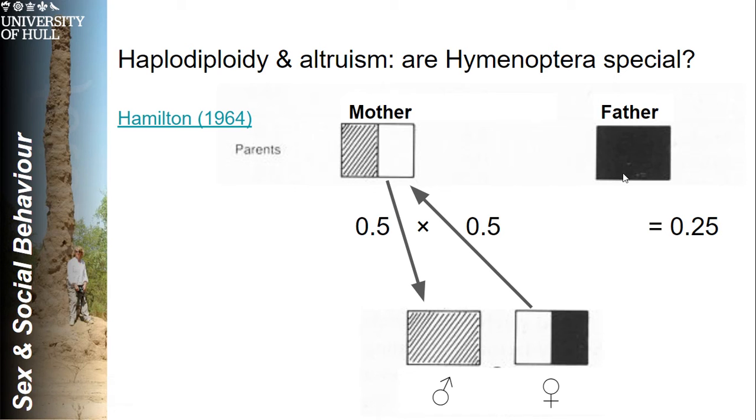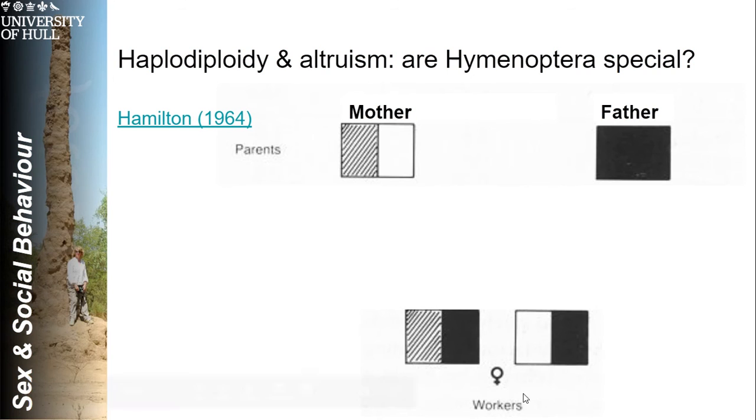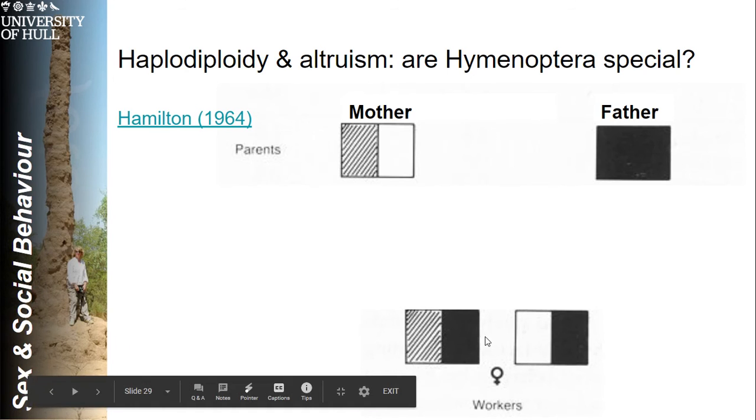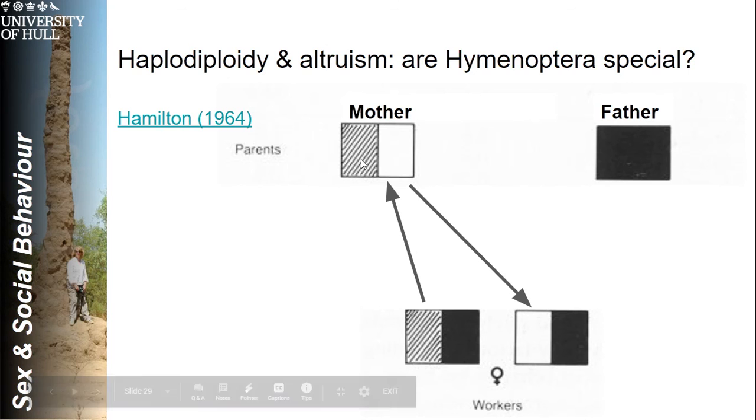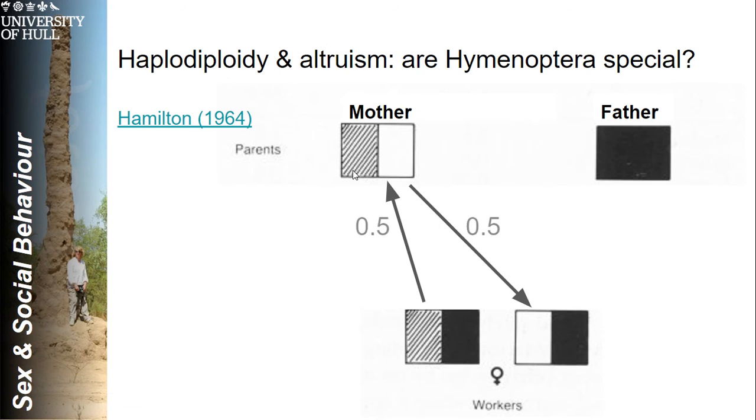Now we'll start again and consider the relationship between sisters. So a given sister is 0.5 related to her mother, who is 0.5 related to her female offspring. So far, so good.